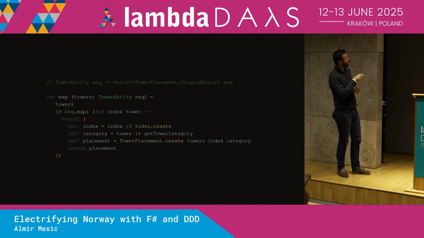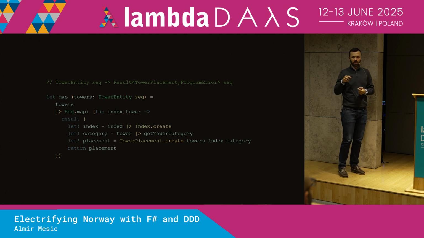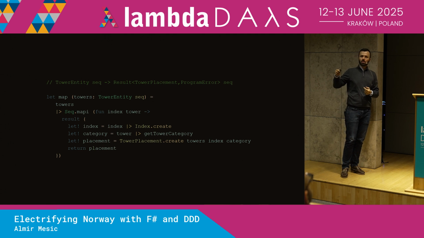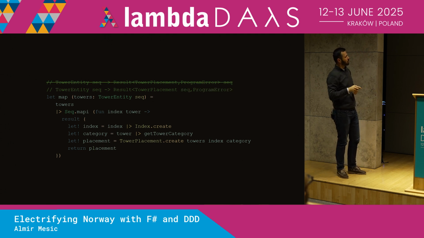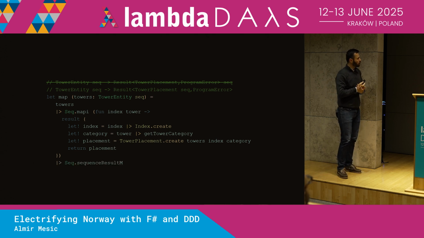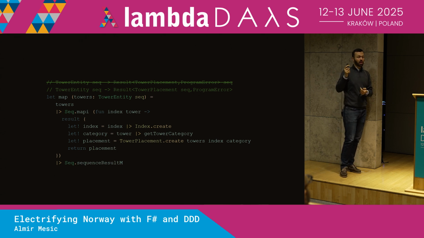As you can tell from this code, we get a sequence in and a sequence of results back. But that's not what we want. We want a single result containing a sequence of tower placements, like this. For this, we use sequenceResultM. For anyone familiar with FsToolkit in F#, that's a really nice library I highly recommend.